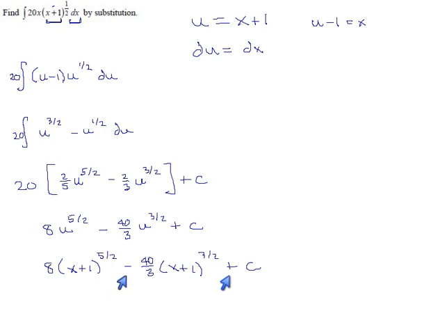You could leave it like this, or because you have these powers with over 2 in them, you could change both of these to square roots. You could have 8 square root of x plus 1 to the 5th minus 40 over 3 square root of x plus 1 to the 3rd plus c. I believe that's what the workbook does.